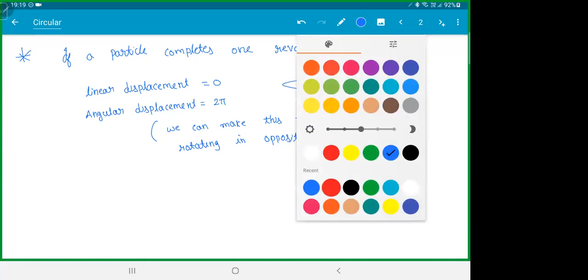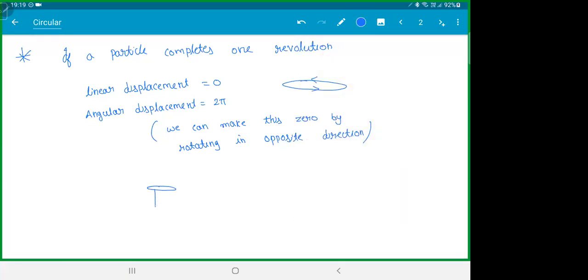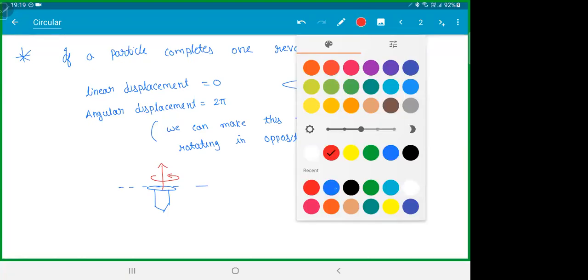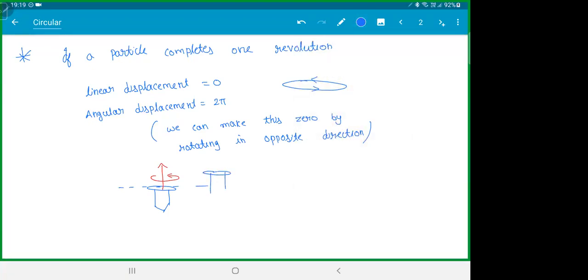Think of it like this, basically it is based on the screw. If you rotate in this direction, the screw will come out of the plane. If you rotate in the opposite direction, the screw will go inside. Then we say angular displacement is zero.